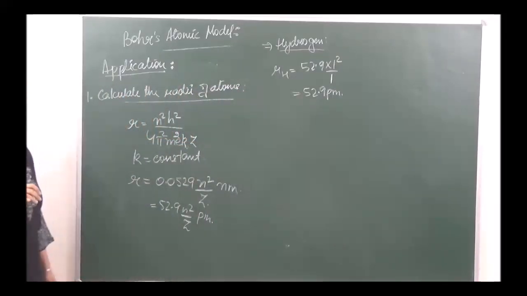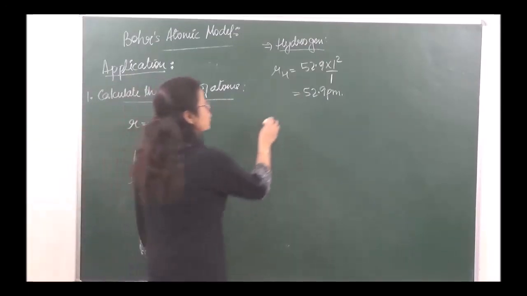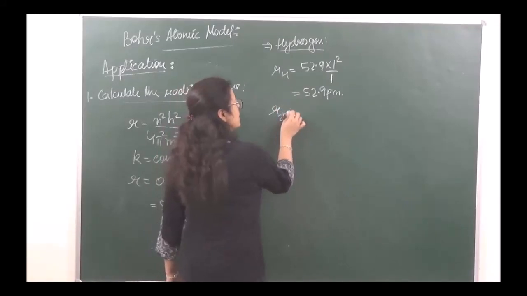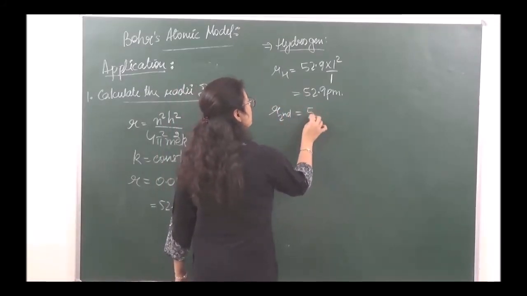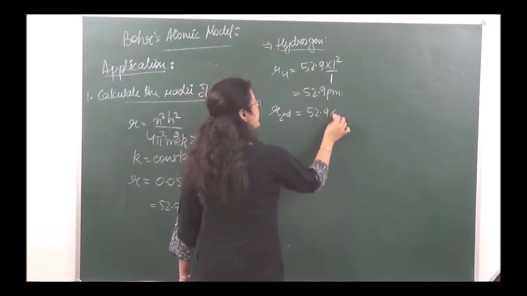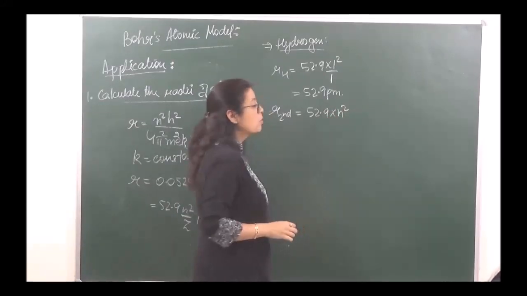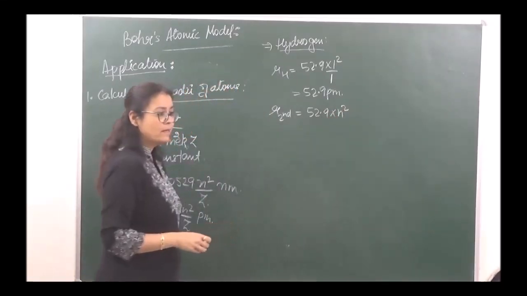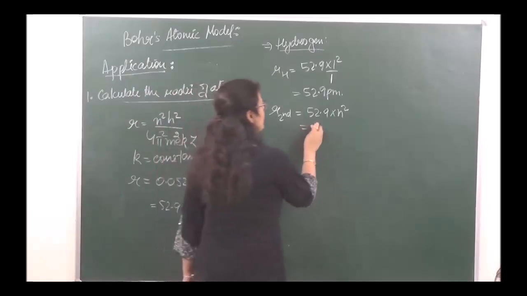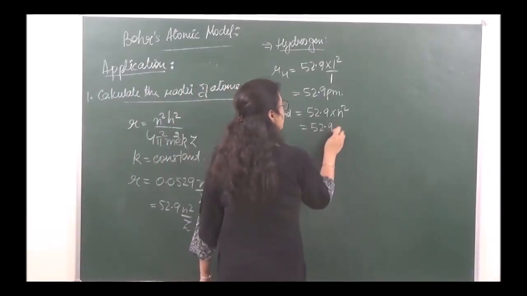Clear? And if we wanted to calculate the radius of the second orbit for hydrogen, that is going to be 52.9 into n square, because Z is always going to be equal to 1.